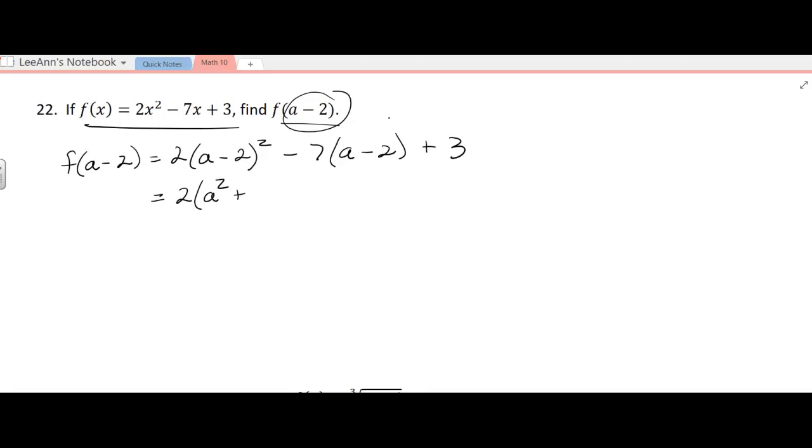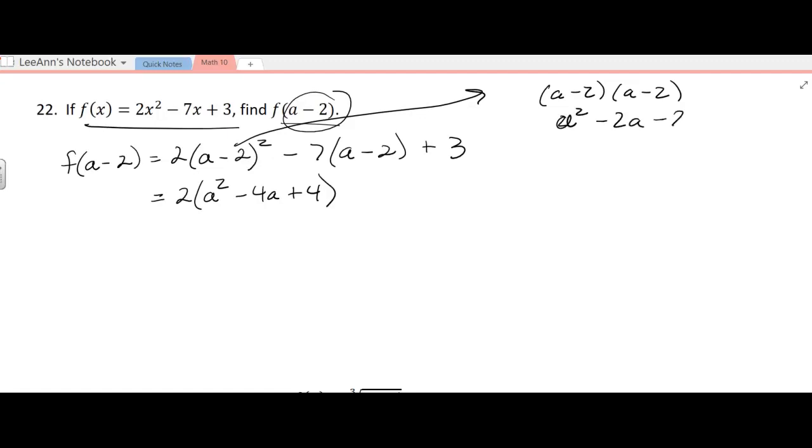A squared plus, minus 4a plus 4. Now that comes from taking a minus 2 times a minus 2. A times a is a squared, and I get a minus 2a and a minus 2a. That makes the minus 4a, and then negative 2 times negative 2 is plus 4. That's FOIL. Okay. That's how we got this parenthesis part.